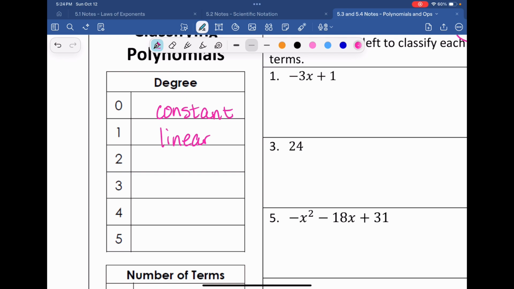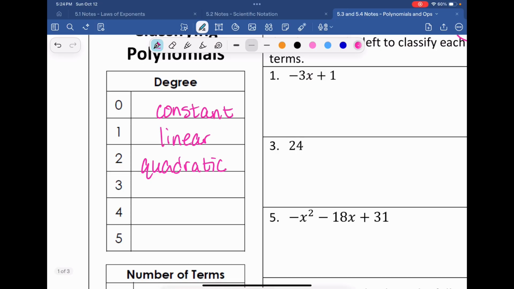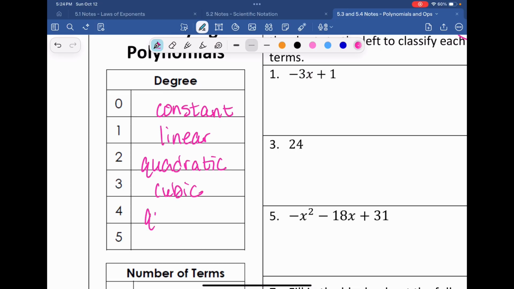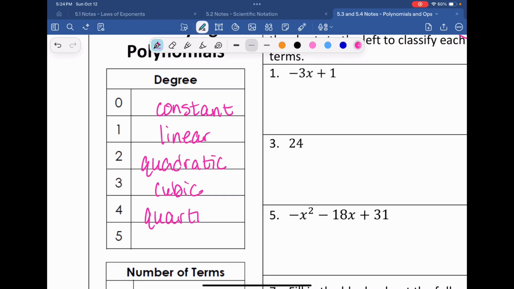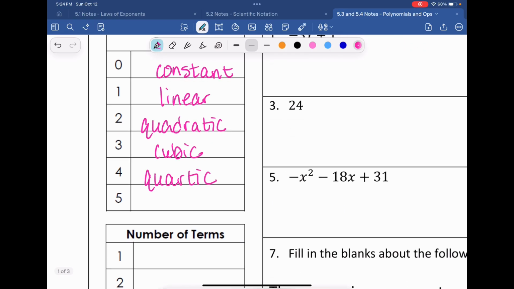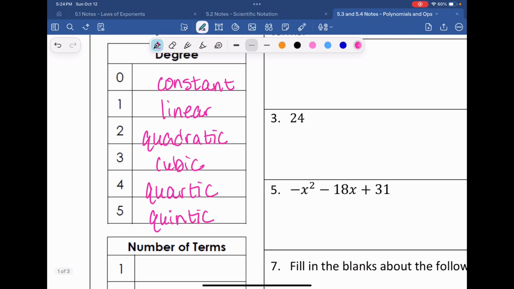Highest exponent of 2 is quadratic. Exponent of 3 is cubic. Exponent of 4 is quartic. And exponent of 5 is quintic. So 0 is constant, 1 is linear, 2 quadratic, 3 cubic, 4 quartic, and 5 quintic.